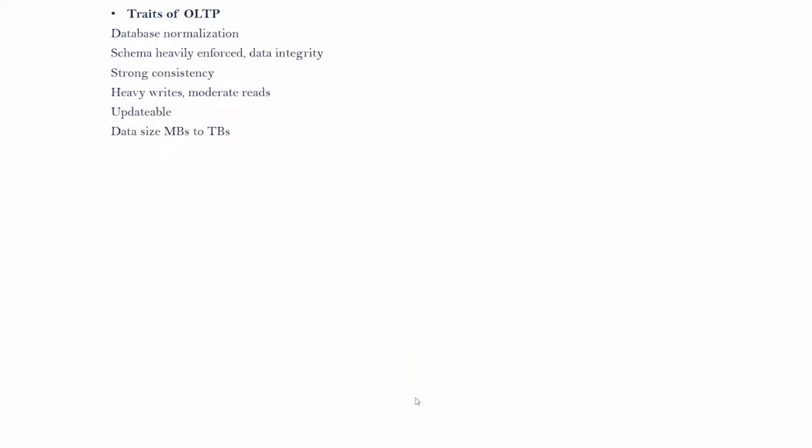Traits of OLTP: database normalization, schema heavily enforced, strong consistency, heavy writes, moderate reads, updatable data, size MB to TB. Updatable means the data has to be updated; the workload should be designed in a way that the value can be changed.